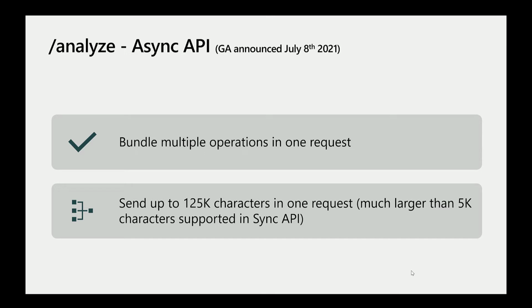Like I said, if you call a single endpoint, which is the synchronous endpoint, you can send up to 5,000 characters, but with this you can send up to 125,000 characters.